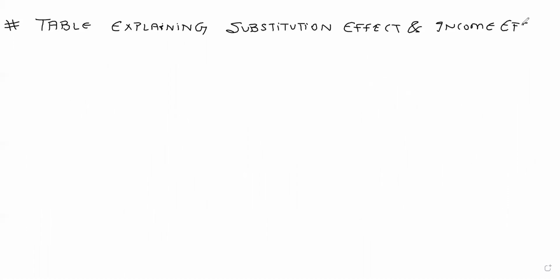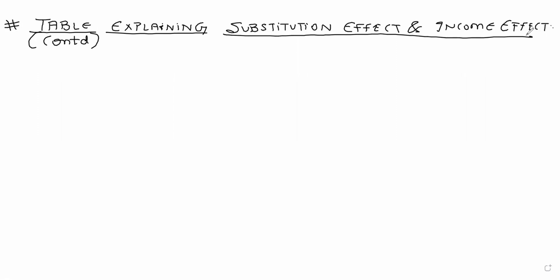So we continue with the same analysis in this particular lecture as well. It's getting continued from the previous lecture. Okay, so let's draw a table and let's take fresh cases today.